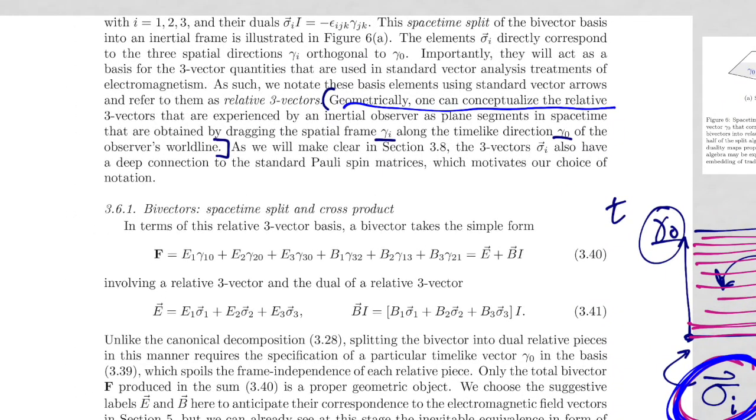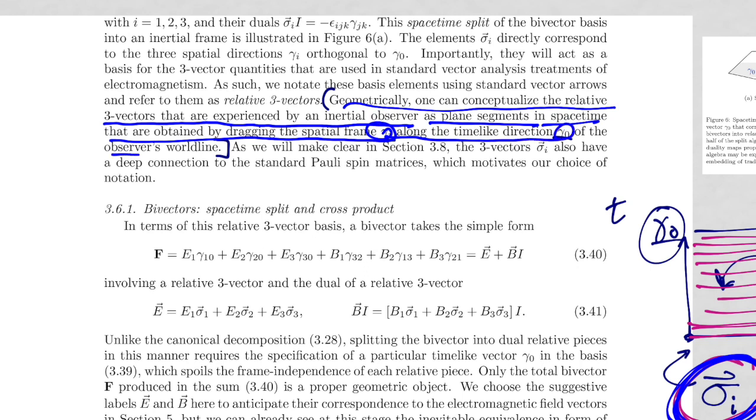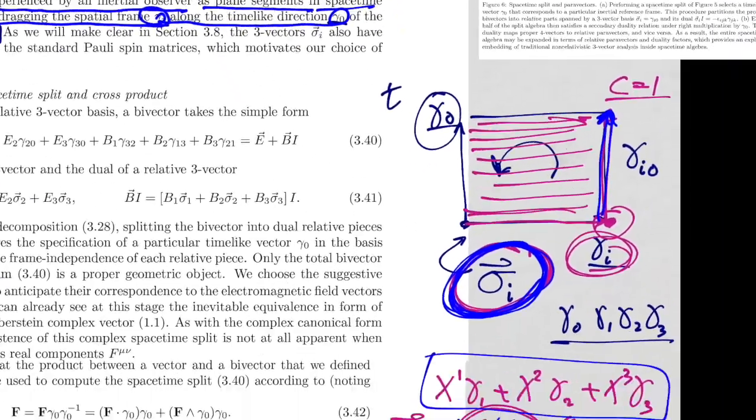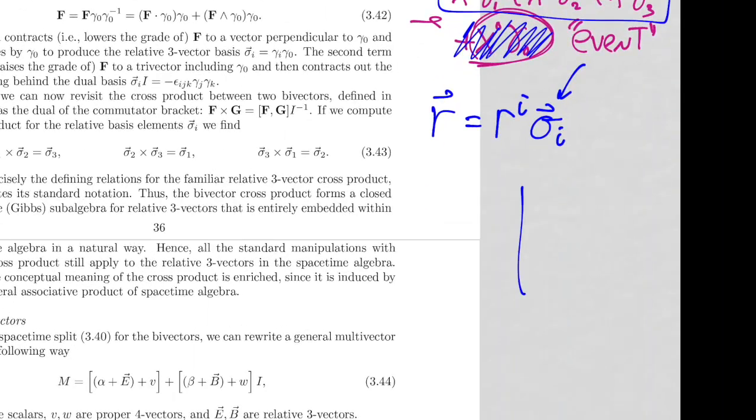Geometrically, one can conceptualize the relative three-vectors that are experienced by an inertial observer as plane segments in spacetime that are obtained by dragging the spatial frame gamma_i along the timelike direction gamma_0 of the observer's world line. So we've established a frame, we've established gamma_0, that's my world line. I'm the observer in an inertial frame, so my world line goes straight up, and I'm motionless in my own inertial frame.